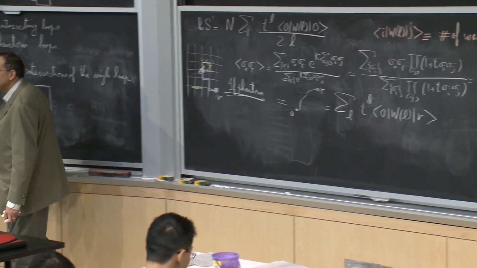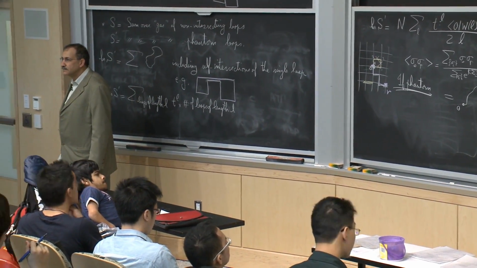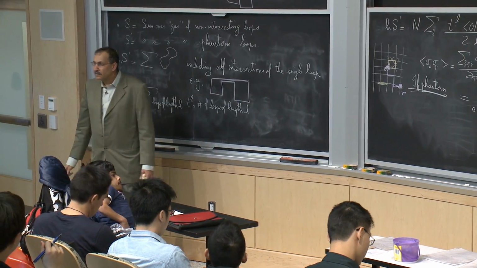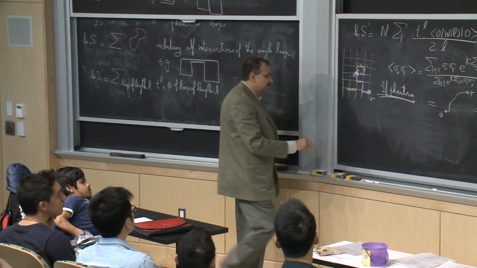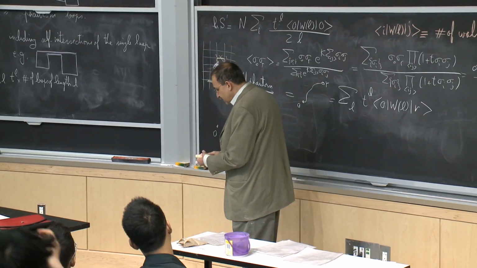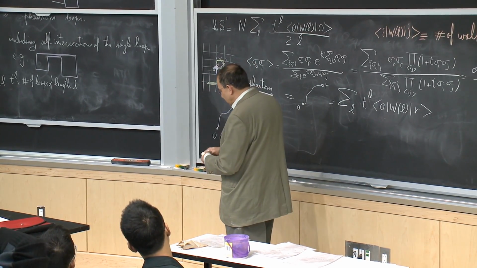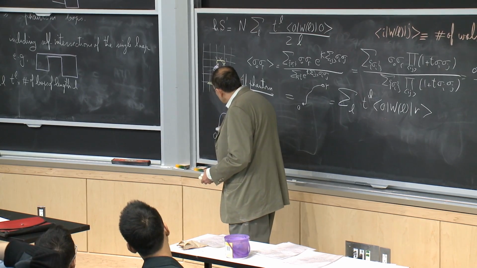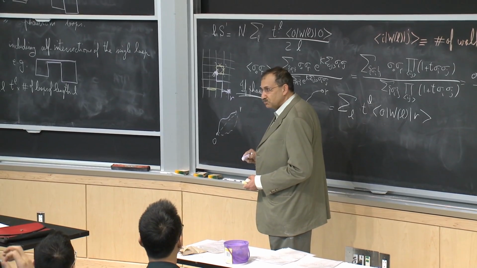Yes? Why not a graph that goes from 0 to r in 3 different ways? For example, you can have a path that goes like this. Okay. So you want to go from 0 to r, you want to have a single path, and then you want that path to do something like this. Yeah, that doesn't make any difficulty.